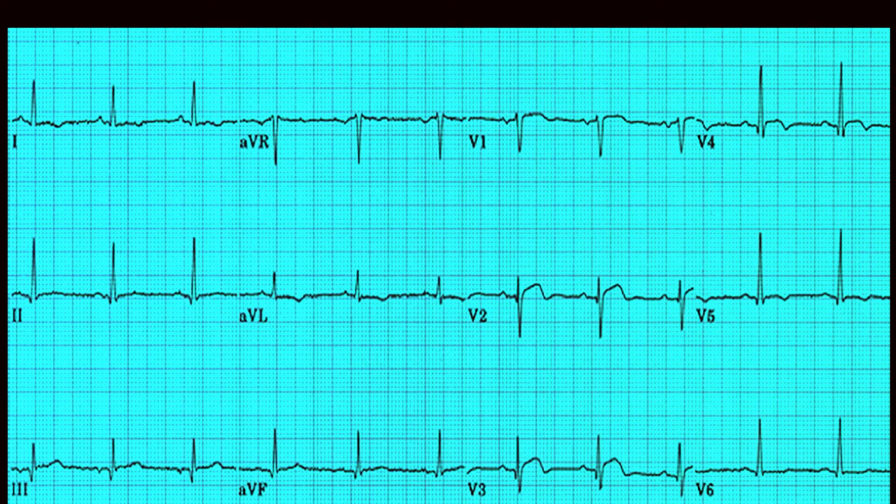But mind you, these axis changes in myocardial infarction are very susceptible to changes as the MI evolves and resolves or worsens, because sometimes these patients can infarct. A patient coming with anterior wall MI can infarct in the inferior territory. They can have inferior wall MI the next day, even after thrombolysis.